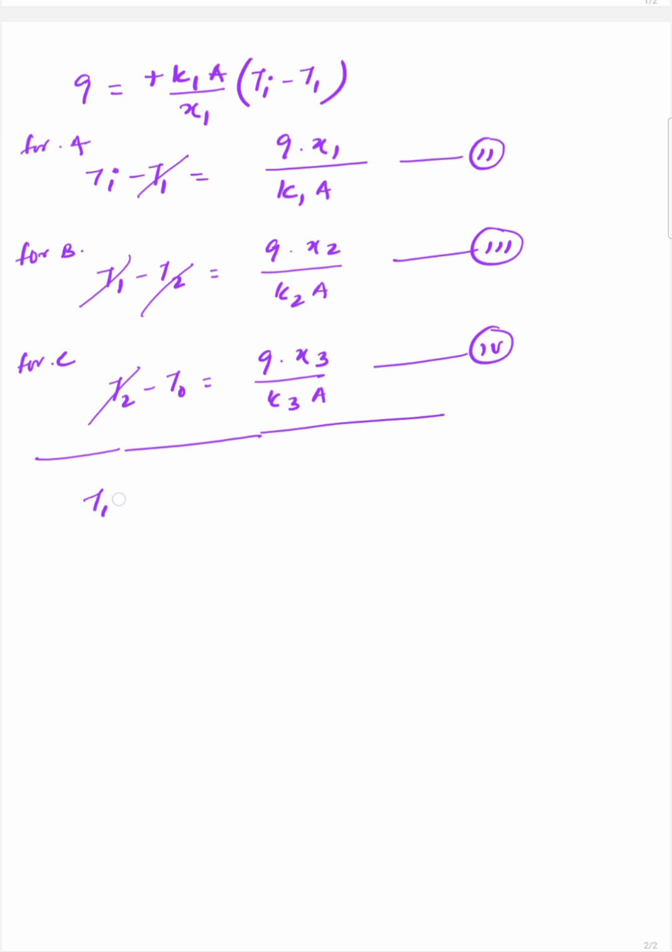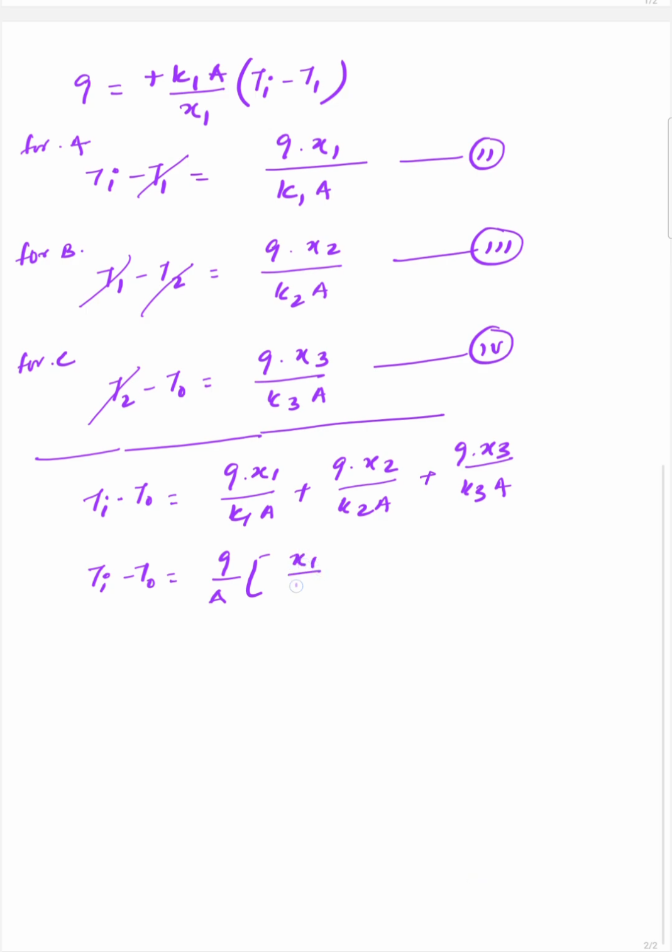So we have Ti minus To is equal to Q dot x1 by k1 A plus Q dot x2 by k2 A plus Q dot x3 by k3 A. Again I am rearranging, with Q by A as the common term: x1 by k1 plus x2 by k2 plus x3 by k3.